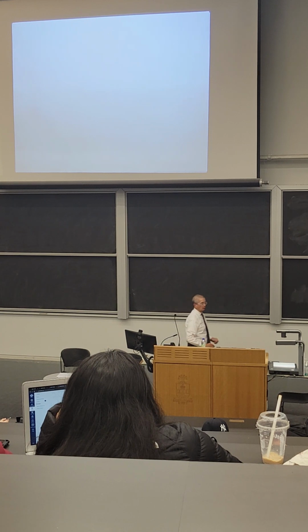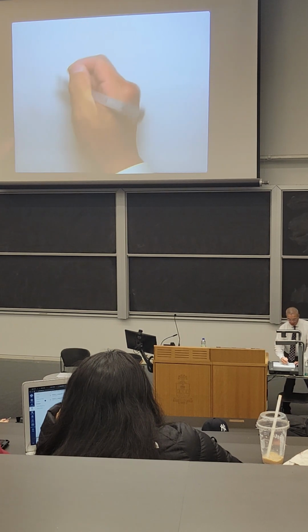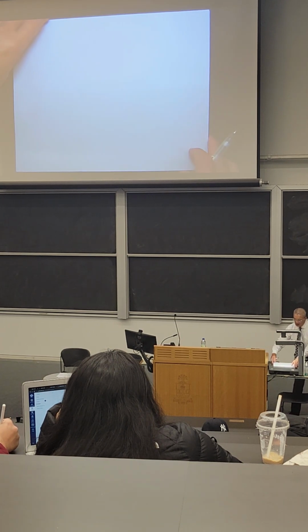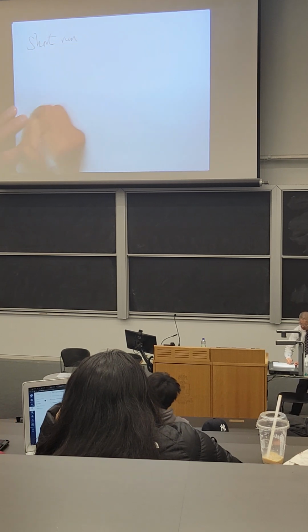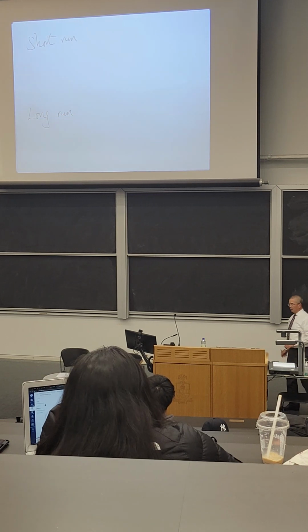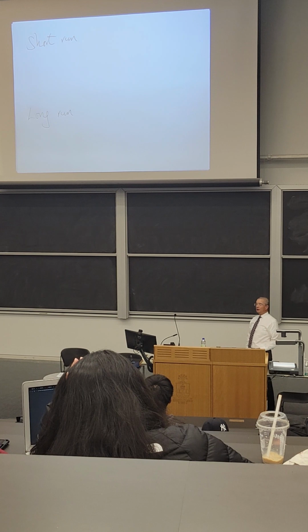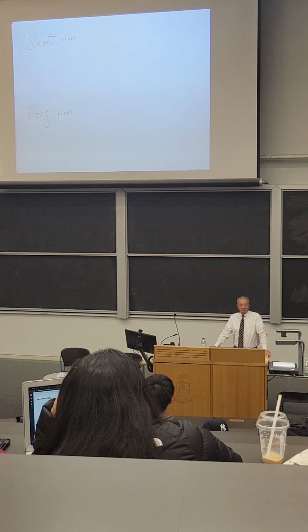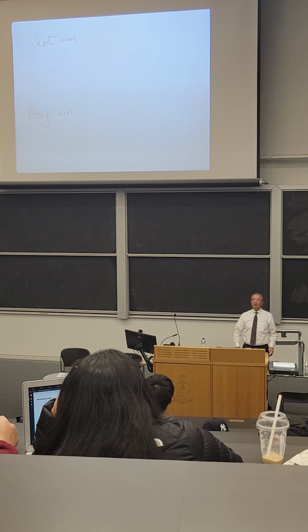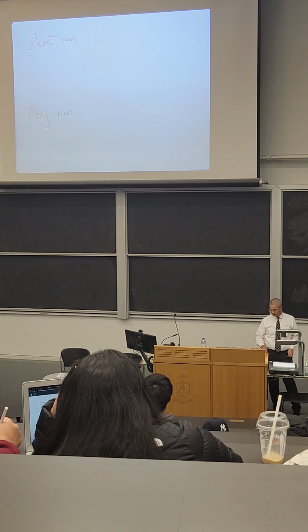And now, we separate the time horizon into short run and long run. Now, in economics, we do not separate or define long run or short run based on calendar time. Calendar time to us is irrelevant. So how do we define long run or short run?